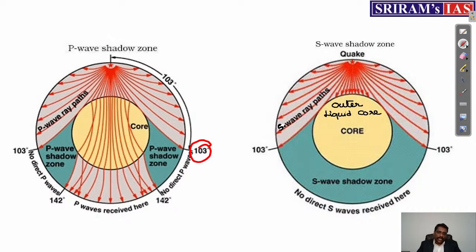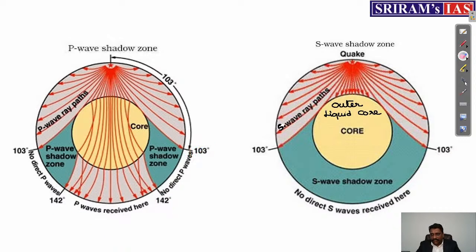Between 103 to 142 degree, not only is P wave not recorded, S wave is also not recorded. So it is not only a P wave shadow zone, it is also what? S wave shadow zone. Okay. But whereas beyond 142, P wave is recorded, what is not recorded is what? S wave. S wave shadow zone. Okay.